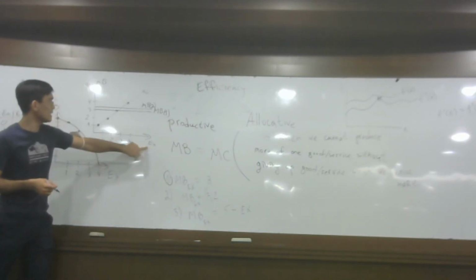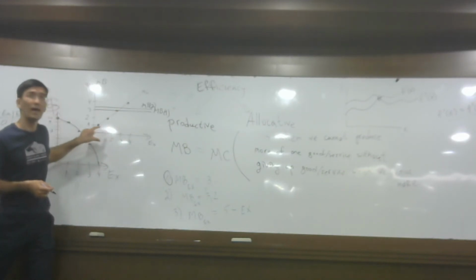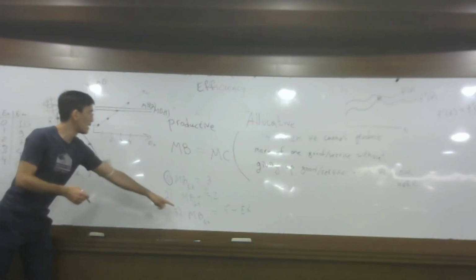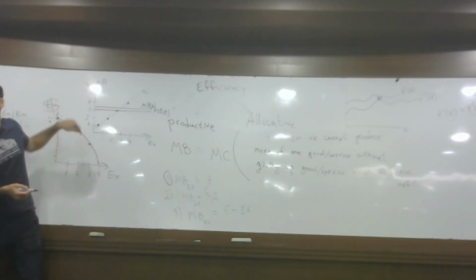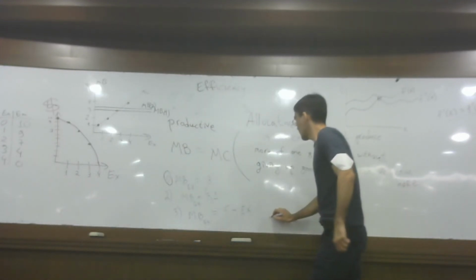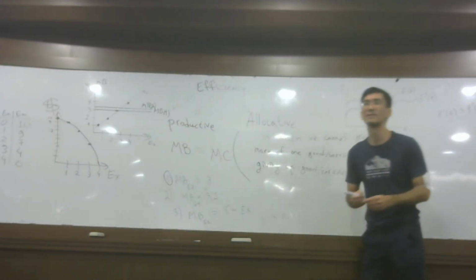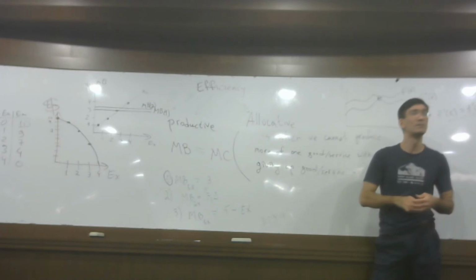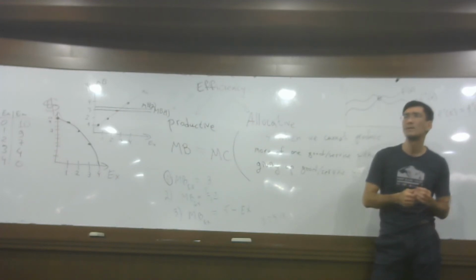So EX here is on the x-axis, right? And MB here is on the vertical axis, right? So you could think of it as y equals 5 minus x, right? Again, that's from high school. How does that look like? Straight line, yes? Straight line, right?